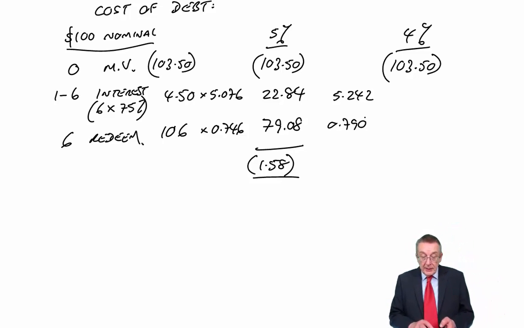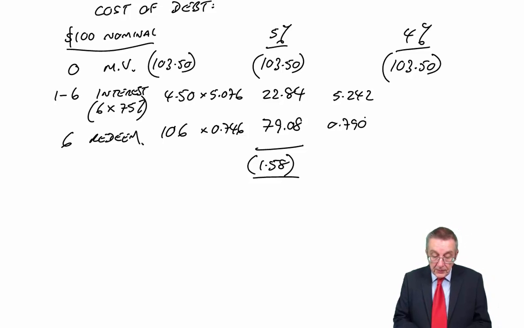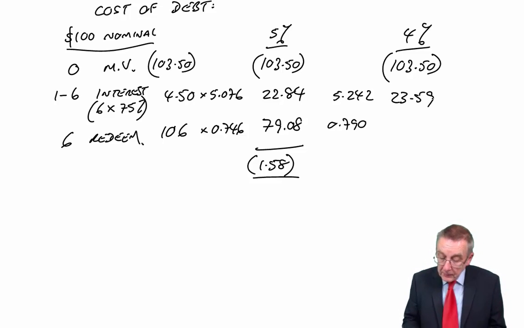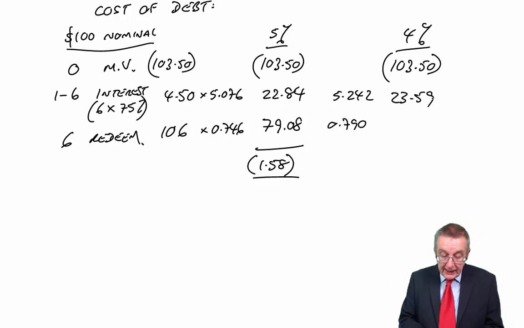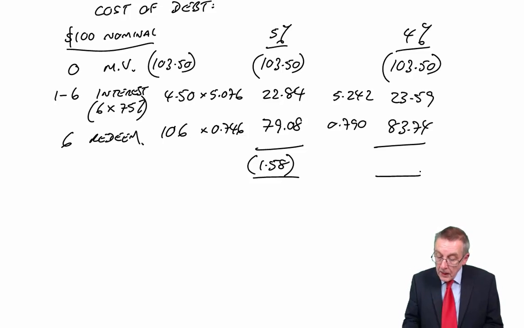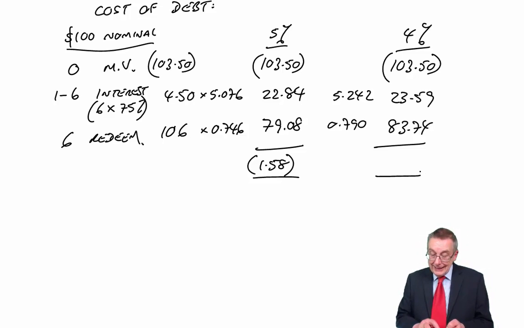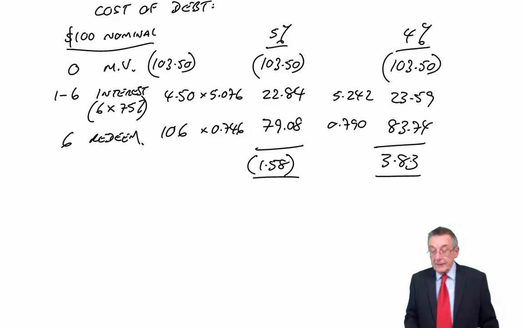So the interest flows, it's $4.50 times 5.242, 23.59. 106 times 0.790 for the redemption, 83.74. And so this time an NPV of $3.83 positive.